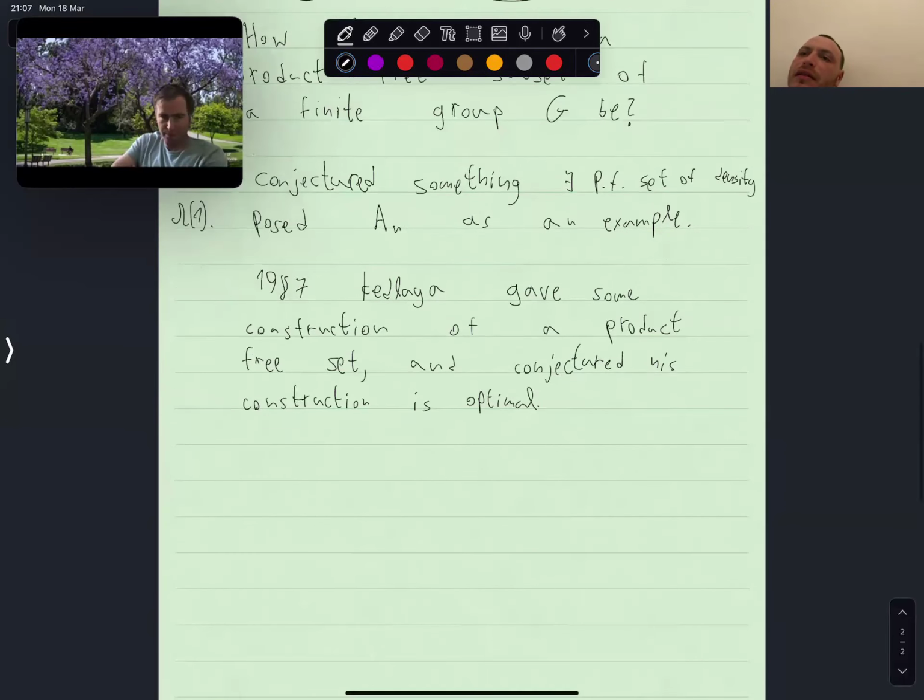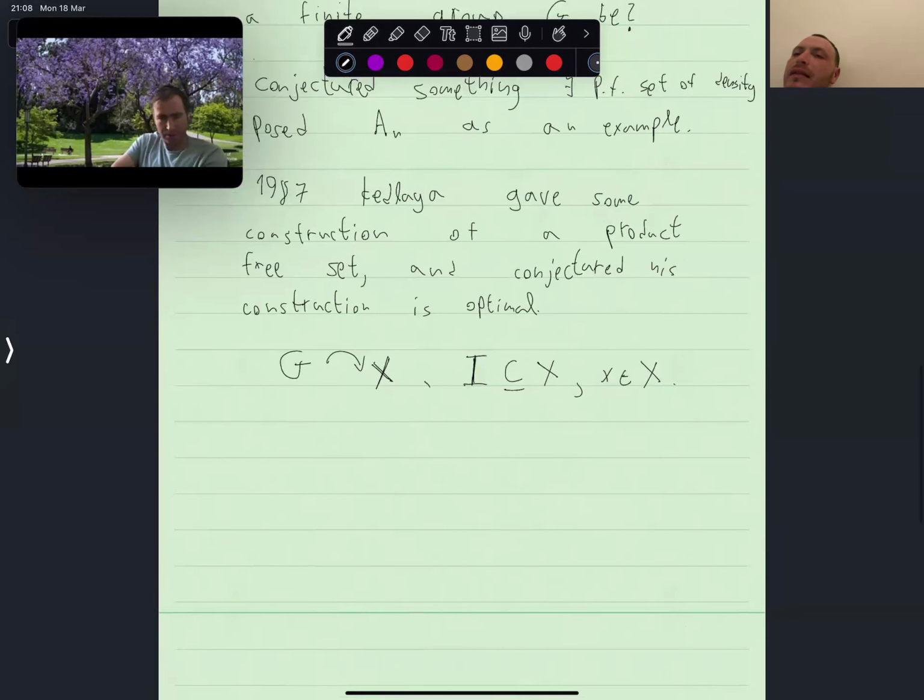The construction: you have a group G and suppose that it acts on some set X. And suppose also that you have a subset I of X, and you also have an element x in X. Given this, you can construct a product-free set. You can set A to be the set of elements g in G such that g(x) is in I, and g(I) is contained in the complement of I.